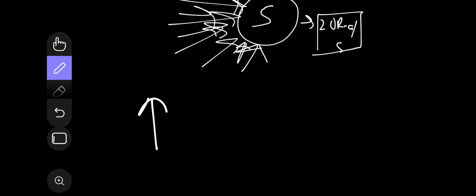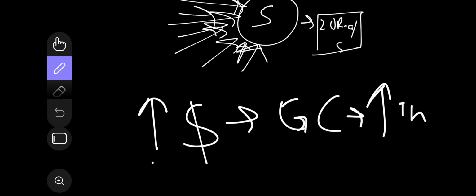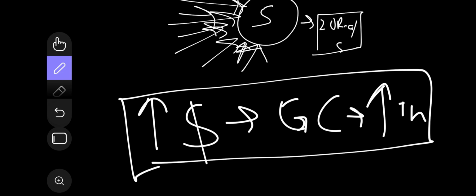The more money you give to your cloud service provider, for example, let's say you are using Google Cloud, the better the throughput would be. The more money you spend on your cloud service instance, the better throughput you get.